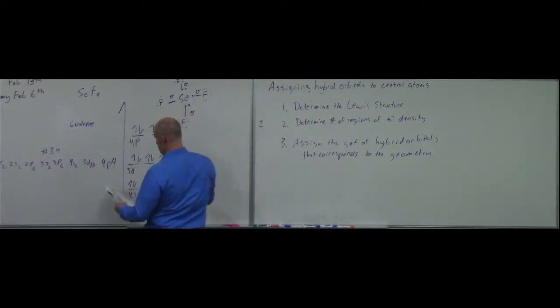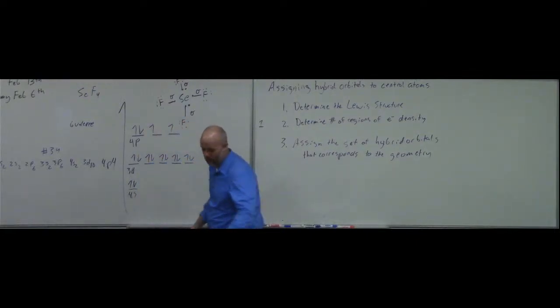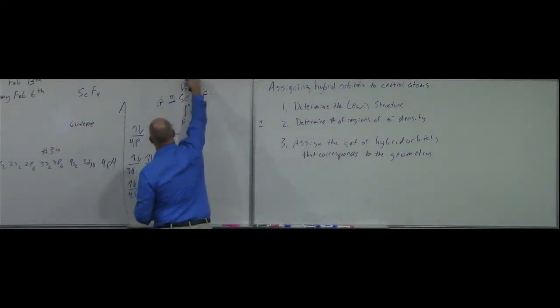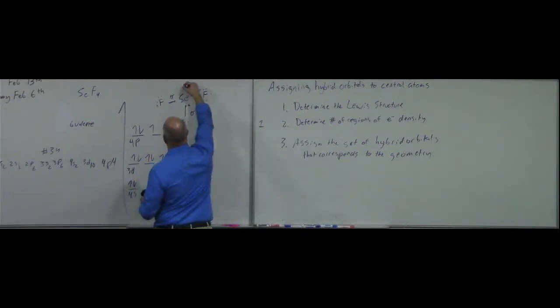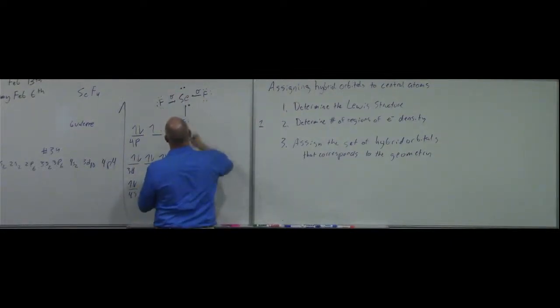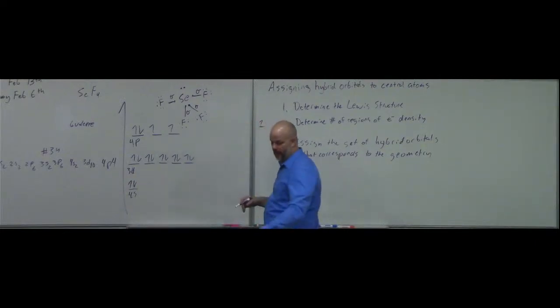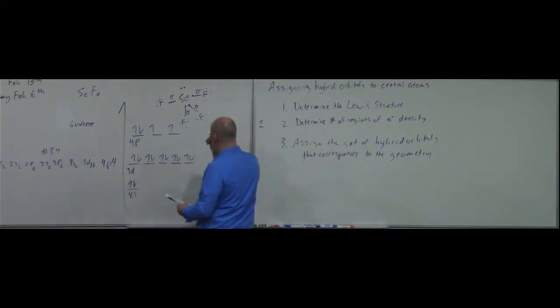Now, the reality is, it's not going to go the way I've drawn it here. I'm going to have a lone pair. So I'm going to put these back. I'm going to draw it this way. Sigma bond, sigma bond. So I've got 4 sigma bonds and 1 pair of unbonded electrons, right?